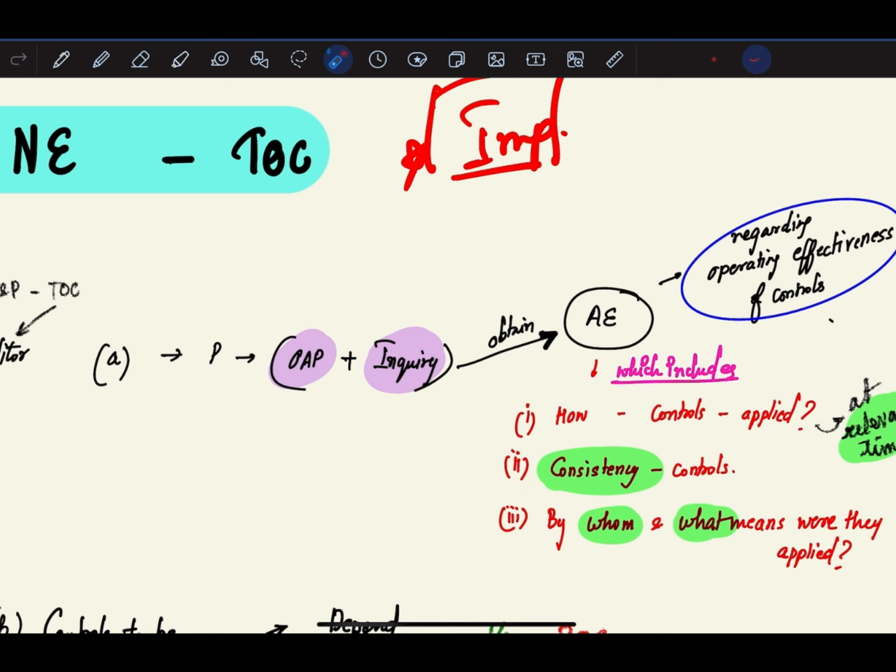The audit evidence includes how the controls are applied at relevant time, what is the consistency of controls, and by whom and what means were they applied.